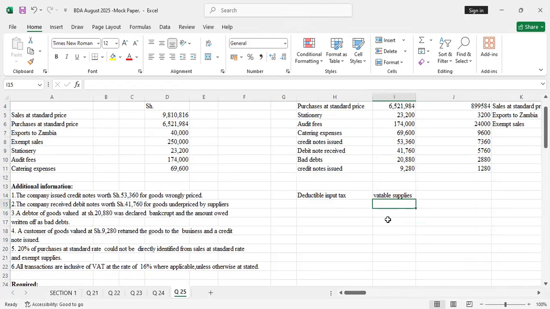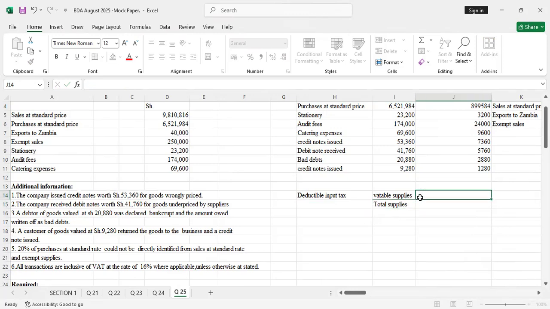So you divide by what? By total supplies, times the total input tax.